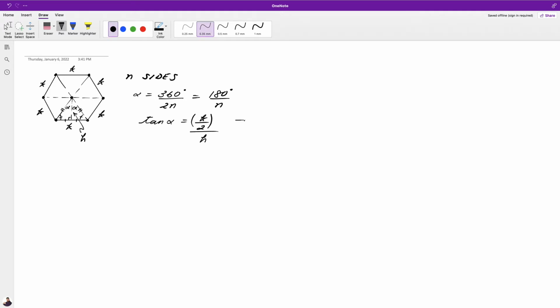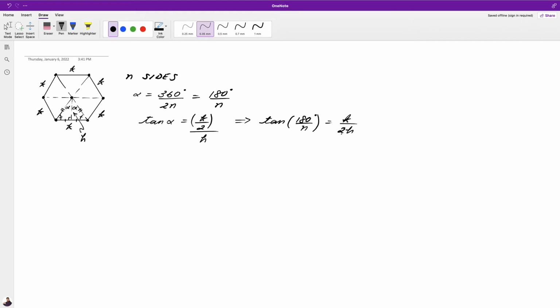Well, we know that alpha is 180 degrees over n, so we can say certainly that the tangent of 180 degrees over n is equal to k over 2h. Okay.